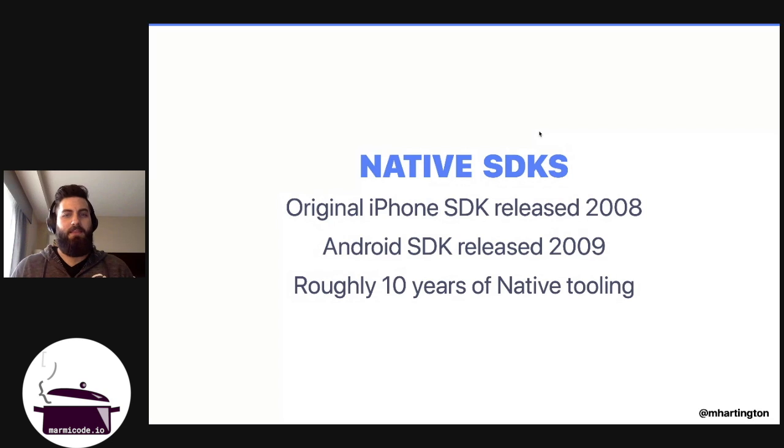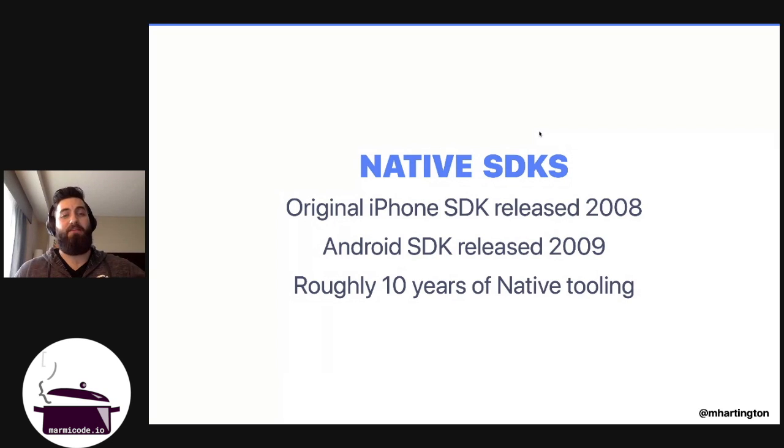Now, between these two platforms and these two different SDKs, there is roughly 10 years of tooling when you think of the actual SDKs themselves, and then another 5 or so years of tooling that can come from the desktop world, where Apple was using Objective-C for Mac apps.